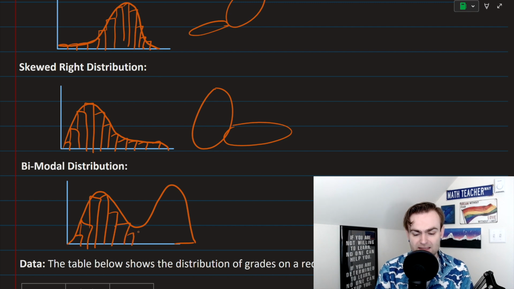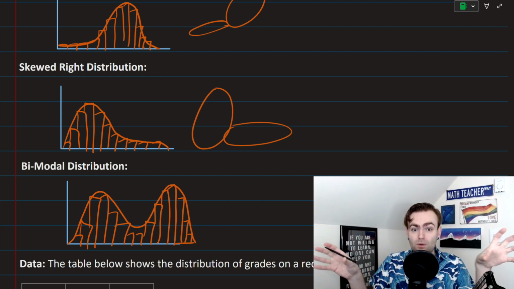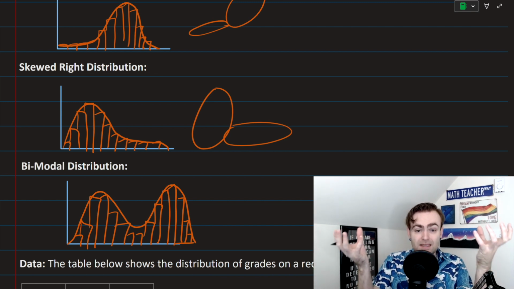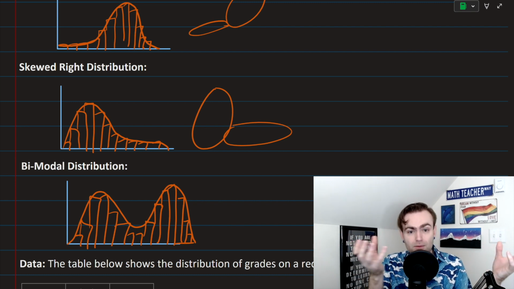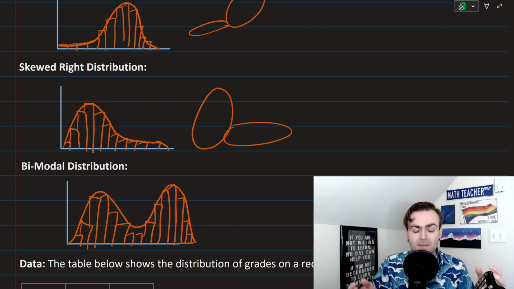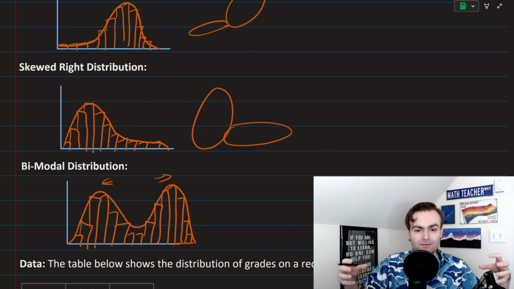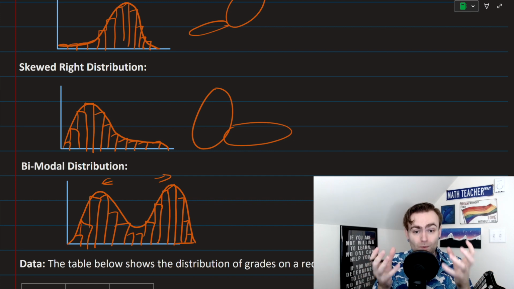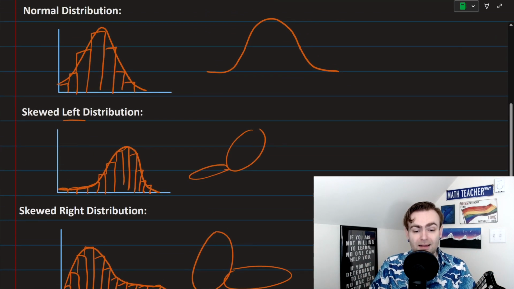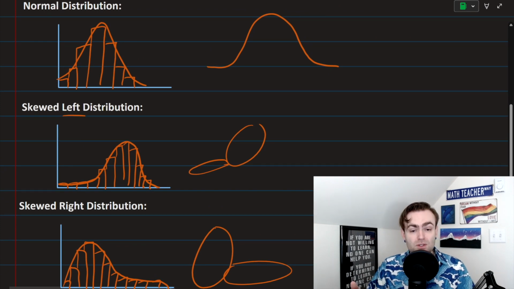So that means that the average and the median could possibly be in the same place. It could be in different places depending on how far away those peaks are from each other and how close they are to the center of the data, but it means that your data is kind of being pulled in two different directions instead of simultaneously towards one particular direction, like the normal, skewed left and skewed right.